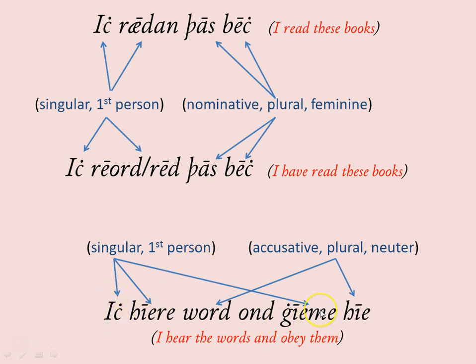I hear, obey. Or I hear and obey. Well, what am I hearing and obeying? These words. Not singular, but words. So I'm reading something and obeying it. Clearly it's a religious text that's being referred to.